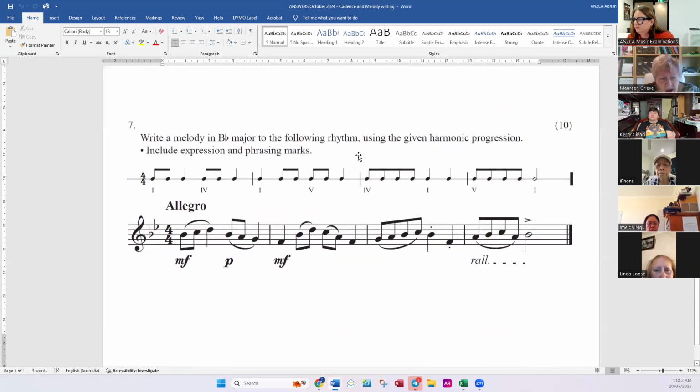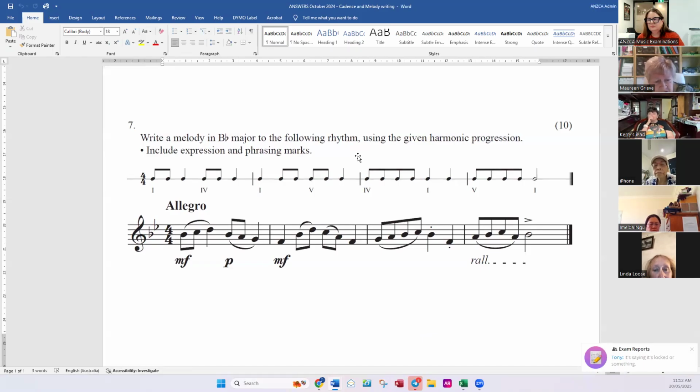Yep. We do publish each year the answers. There's no one answer, of course, to writing a melody. There are all sorts of ways of doing it. But what we do is give an example of what could have been done. If you look at this one, we've got allegro at the beginning telling us it needs to be fast.